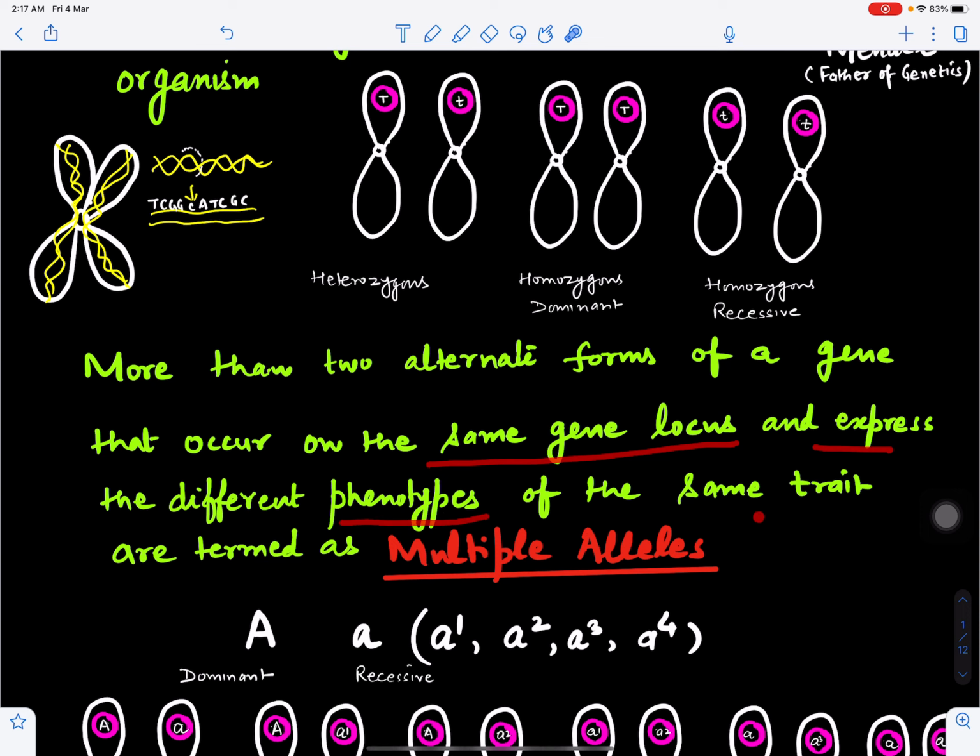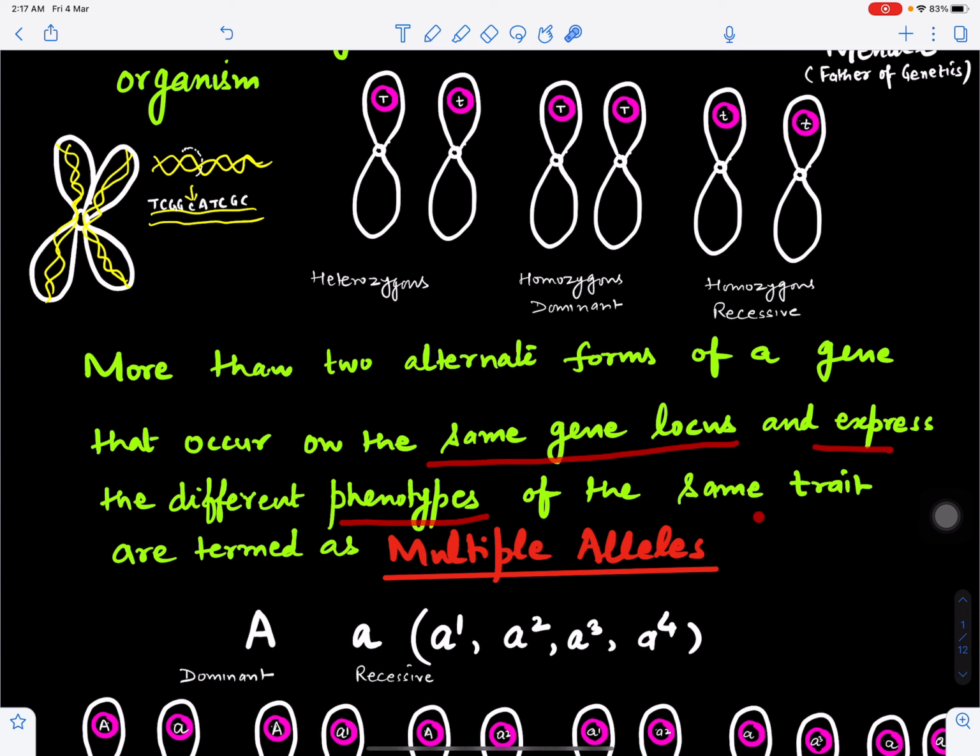Now, if a gene has different alternate forms, this is called multiple alleles. For example, say there is a gene capital A, this is dominant, and small a, this is recessive. So these are two normal genes, two alternate forms of an allele, capital A and small a. Like earlier we discussed, they are present on the same locus on the homologous chromosome.